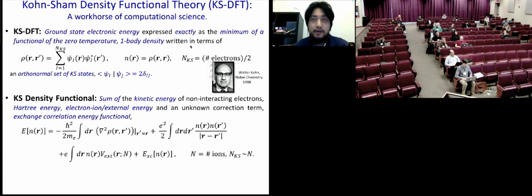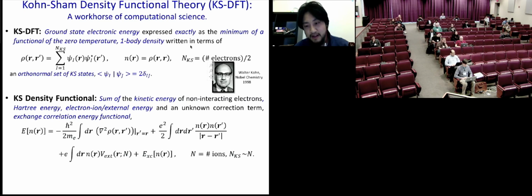Once you establish the local density in this DFT theory, your total energy is a functional of the local density. So it can be decomposed into 4 terms: the kinetic energy, Hartree, which is the electron-electron, and the external energy, which is the electron-ion.